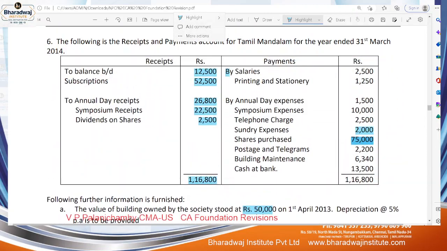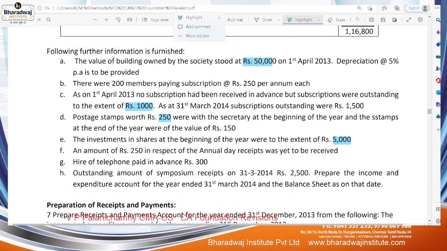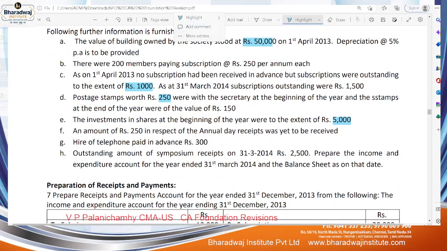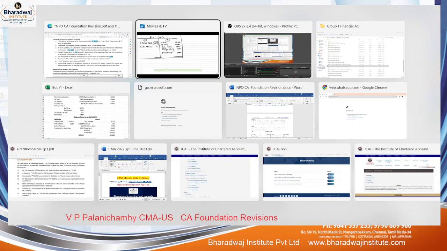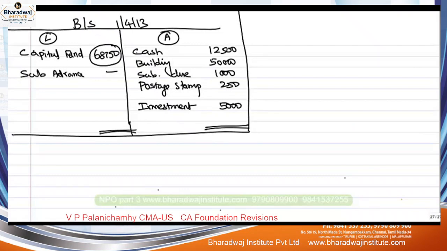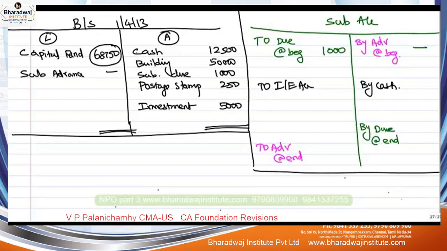When you tally the opening cash balance, building balance, subscription due, postage stamps with the secretary, and investments, which one will you get? Capital fund. Then prepare the subscription account. Tally and tell me what you are getting as the balancing figure.